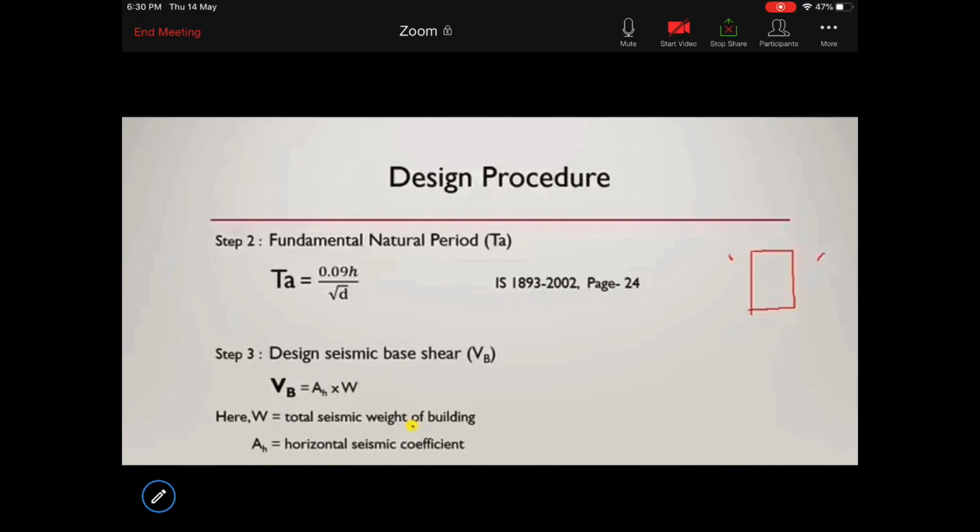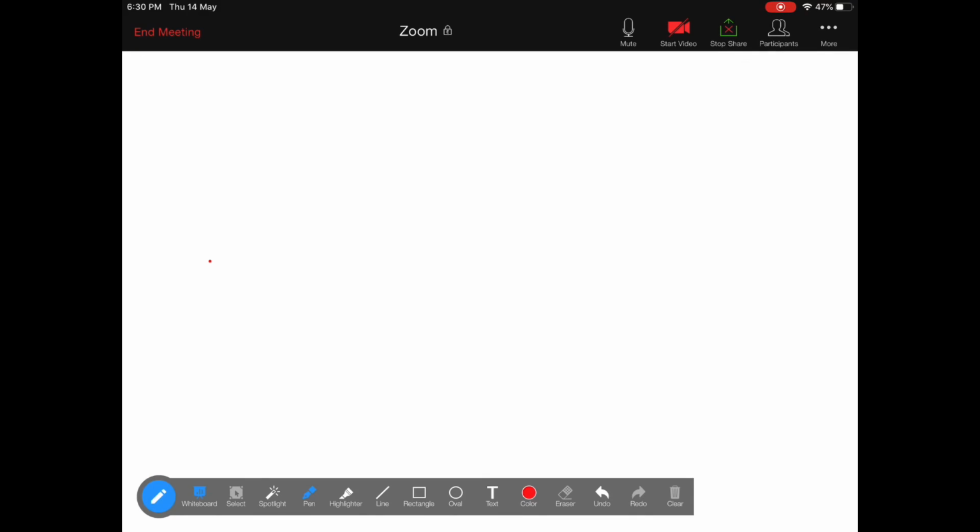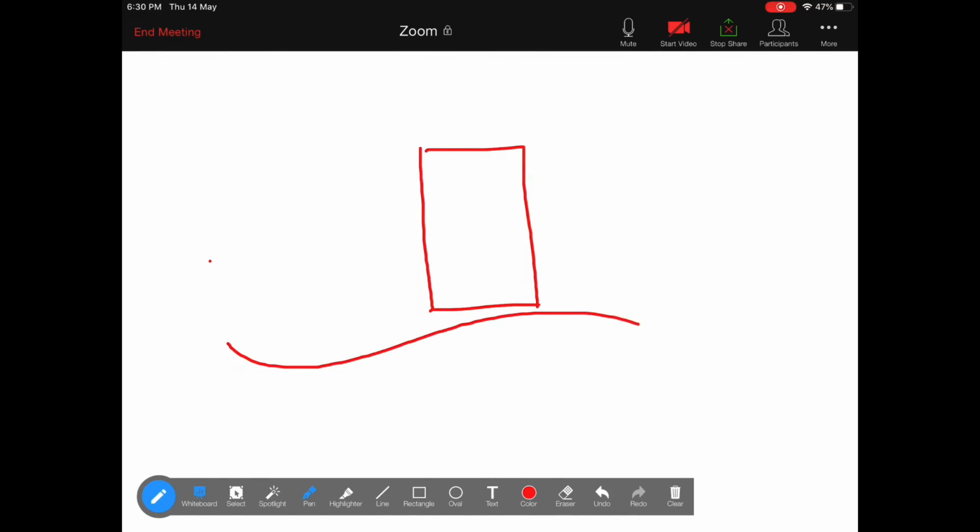Taking load, live load is 0. Design procedure, step number second, fundamental natural period. This formula is also given in IS 1893 2002 page number 24. We also discuss what is fundamental natural period. See here, this is our building and these are the earthquake waves. This is our surface of earth.